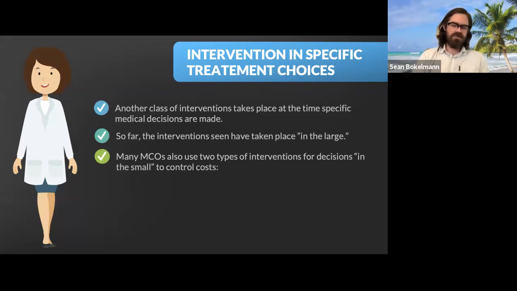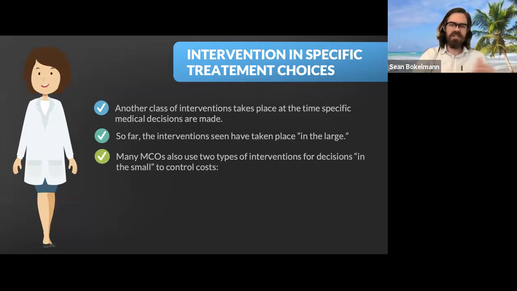So far, all of the interventions we've talked about are sort of pre-treatment, right? So they all take place before treatment, except for maybe the holdbacks. You could kind of argue that takes place after treatment. But there is an entire other class of interventions that take place at the specific time that decisions are made regarding medical treatment, right?